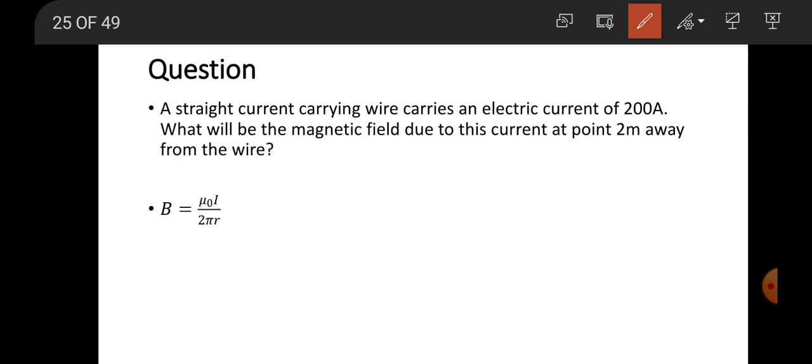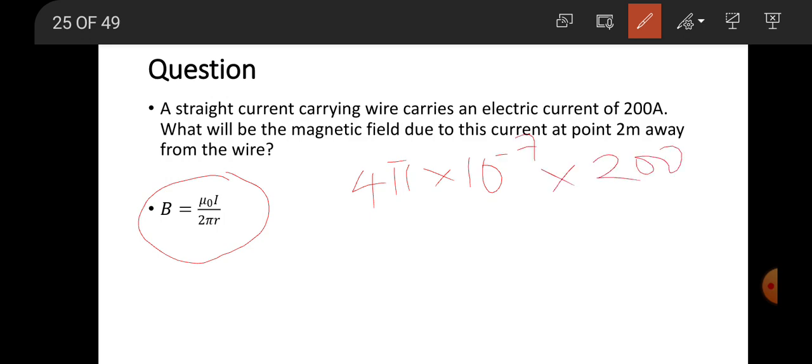Now, a straight wire carrying current experiences a magnetic field B equal to mu naught I all over 2 pi r. That's the formula for the magnetic field at a point by a straight wire. So your mu naught here is 4 pi times 10 to the power minus 7. Now multiply by current. What is current?